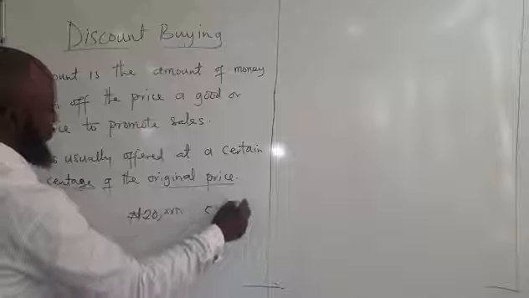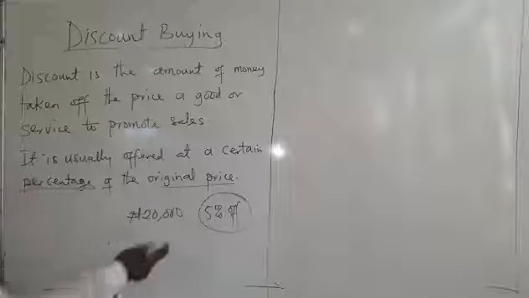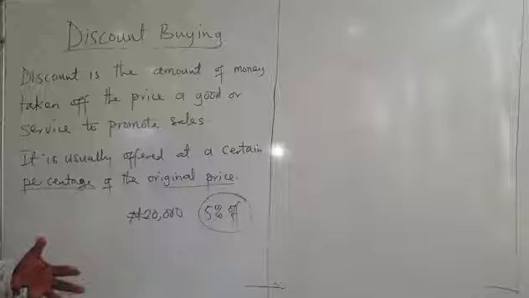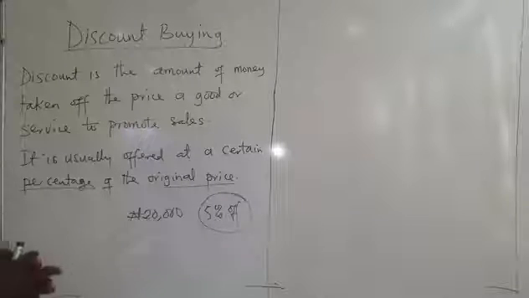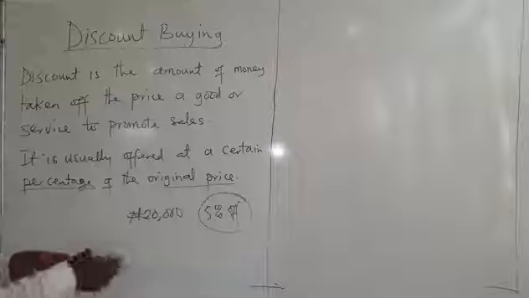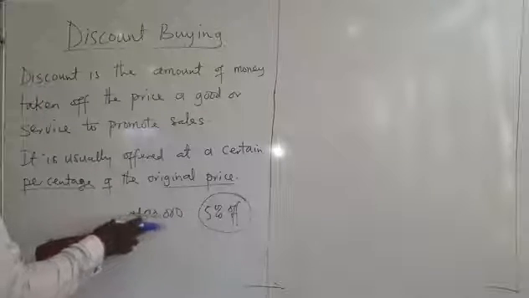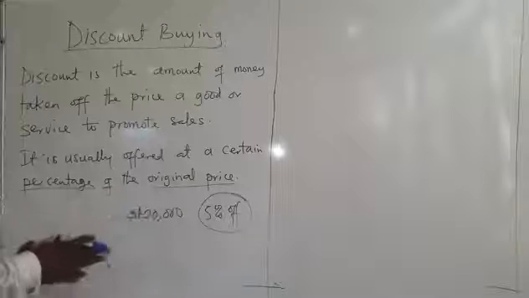I've seen this in supermarkets, most especially during festive periods like December, where people offer discounts on their products. We just calculate 5% of 20,000, then subtract it from 20,000 to get the price the buyer will pay.